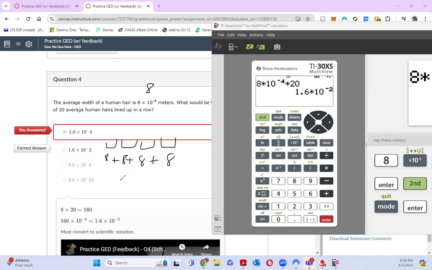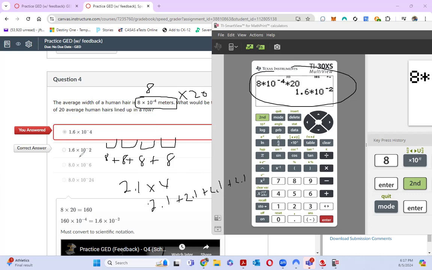If I have 2.1 times 4, that's the same as 2.1 plus 2.1 plus 2.1 plus 2.1. Once you know that, I know I'm multiplying. This is the actual number, and I'm multiplying that by 20. Now, when I'm using the calculator, this becomes an easy problem.